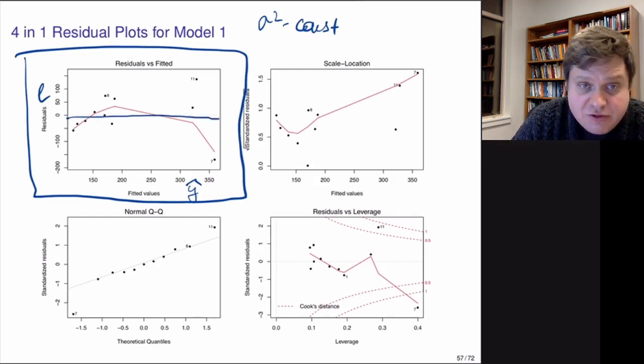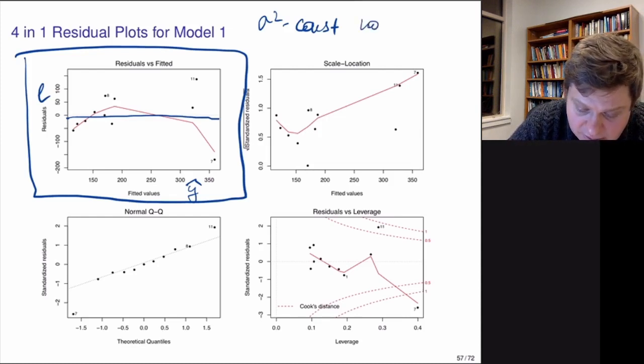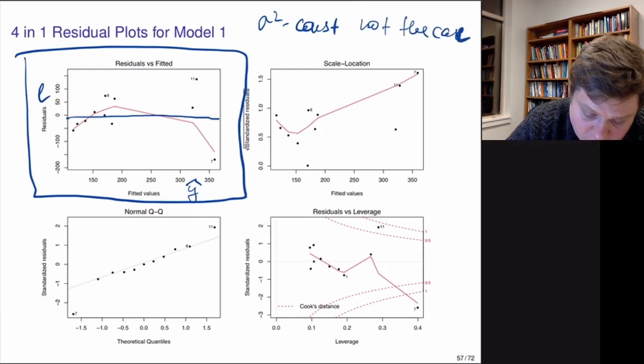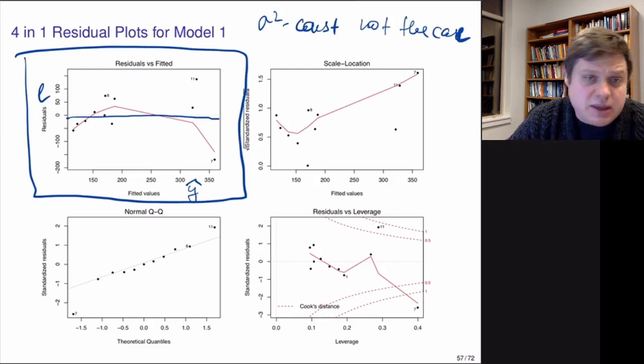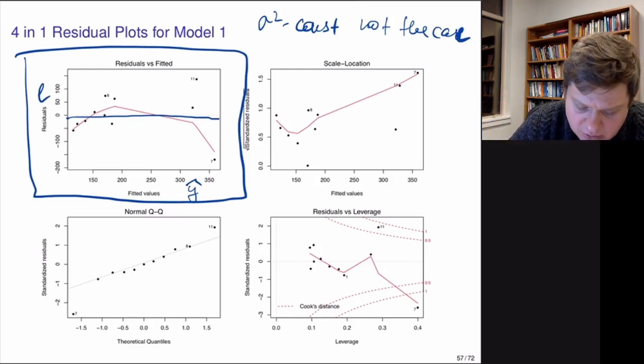So for different values of y hat, the residuals deviate the same amount from this zero line. And it's not the case here, right? We see large distances here and smaller distances here. But again, we made the same observation by just looking at the scatter plot, so we didn't learn anything new here.